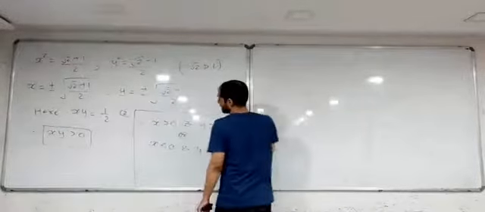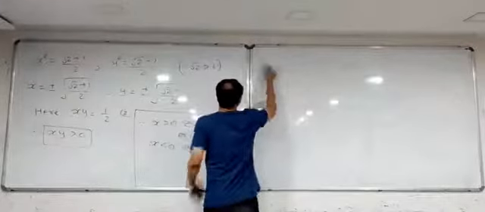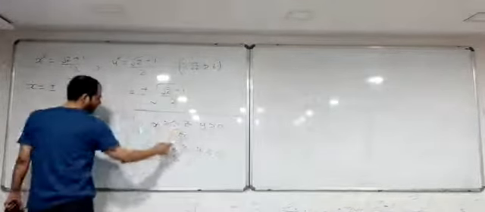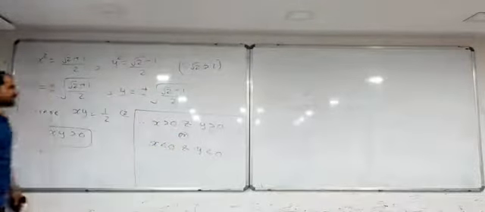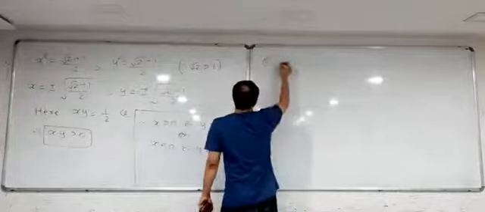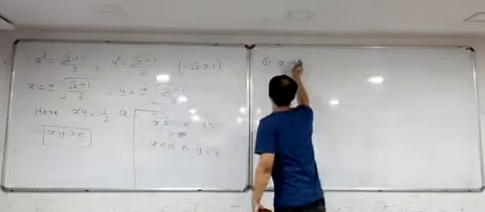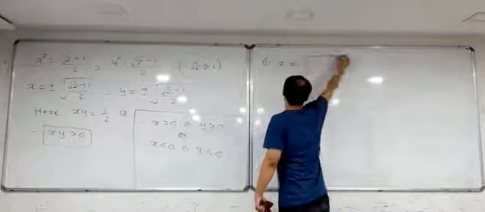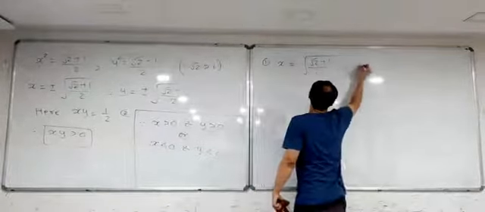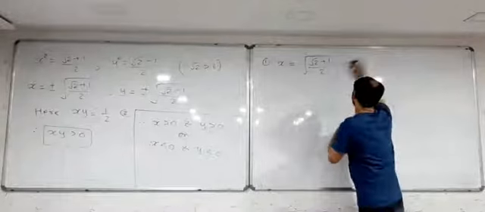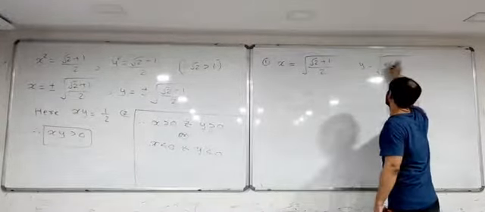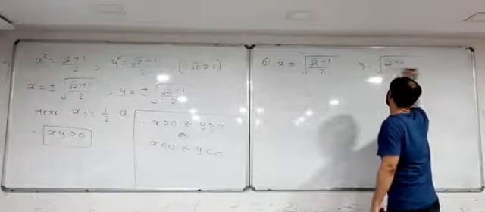So first case: x is positive, y is positive, or x is negative and y is negative. In the first case I select x as the positive square root, so I select x as square root of root 2 plus 1 upon 2. y also will be positive, so y will be the positive square root of root 2 minus 1 upon 2.